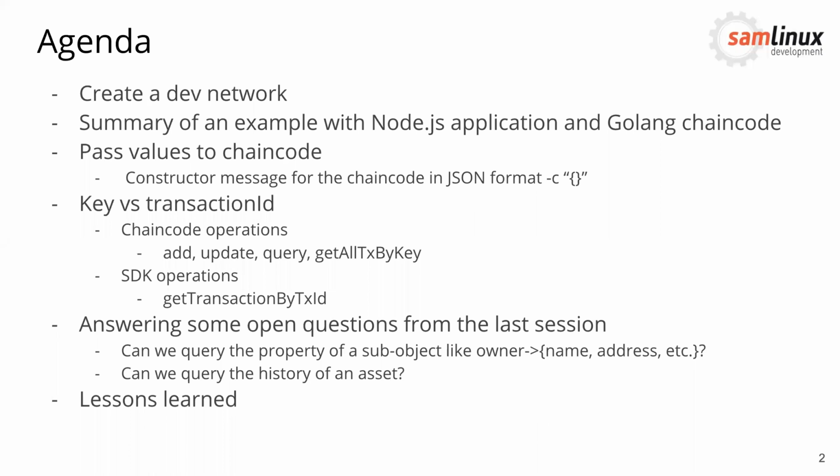These mistakes were the reason why my endorsement policy failed. I think this is a really good example to know what you should do in Fabric development, and that's a part I will come to at the end of my presentation.